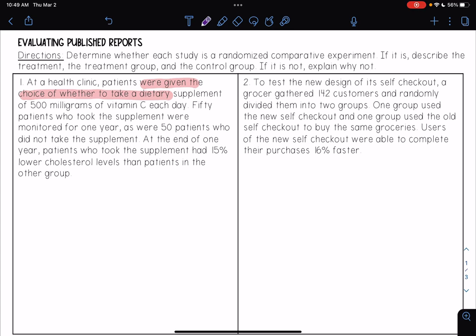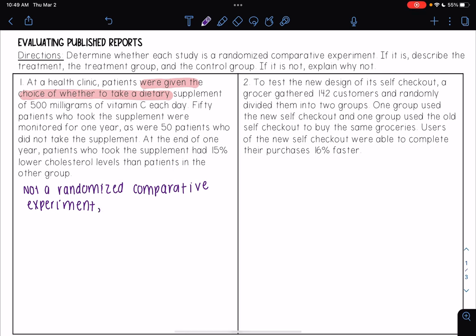So I'm going to say not a randomized comparative experiment, and that's because they are volunteering for it. I can say, since individuals are not assigned, or not randomly assigned.